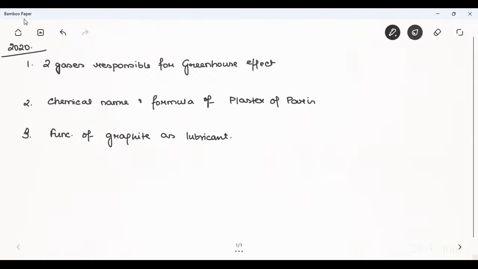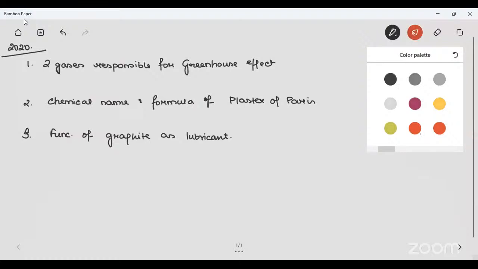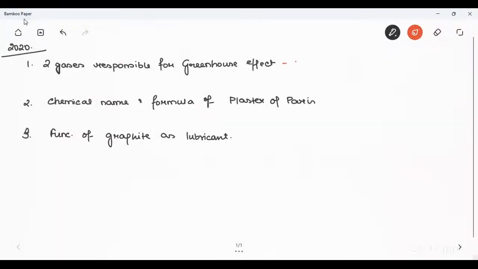So what are the two main greenhouse gases? These can be carbon dioxide and methane. So these are the main gases. If they ask you what are the two gases responsible for the greenhouse effect, just write like this: green plants absorb carbon dioxide gas for photosynthesis and release oxygen gas.